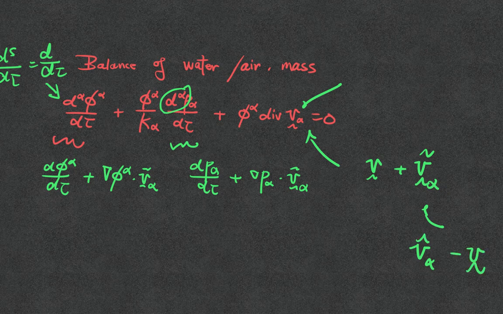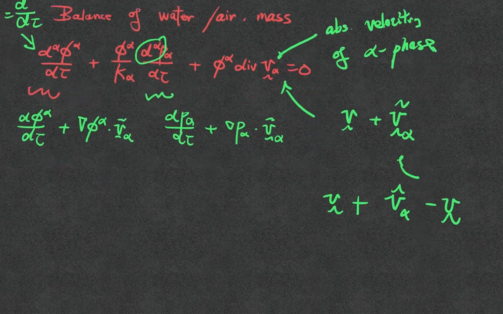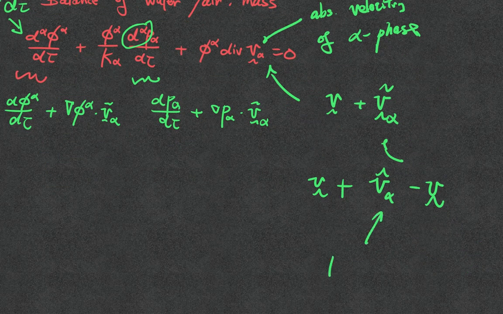So v plus v alpha minus v, so the v cancels out, and then we have the v alpha. So this is actually the absolute velocity of the alpha phase, and this one is the Darcy's velocity.